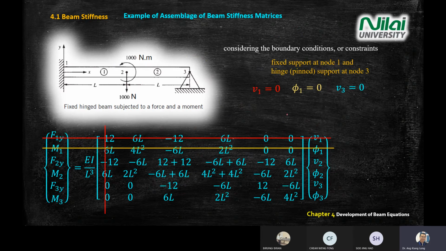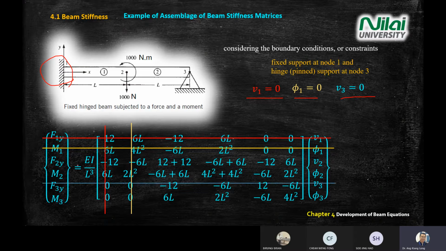Then you solve for the unknown. Okay, you start after you have the boundary condition. You can use your ruler or pencil just to close the respective row and column. If in this example the point 1 cannot move, V1 is 0, you just use your pencil to close the row and column like this red color line.